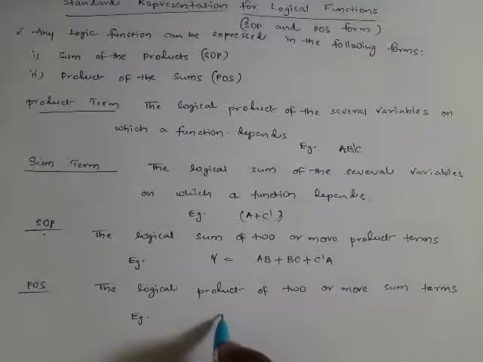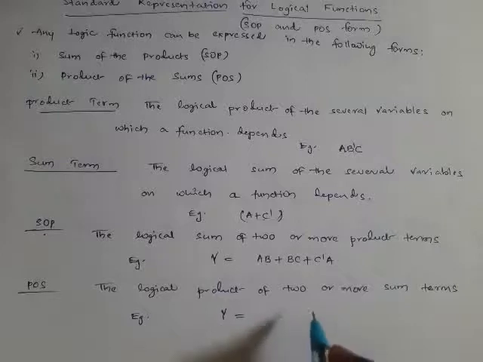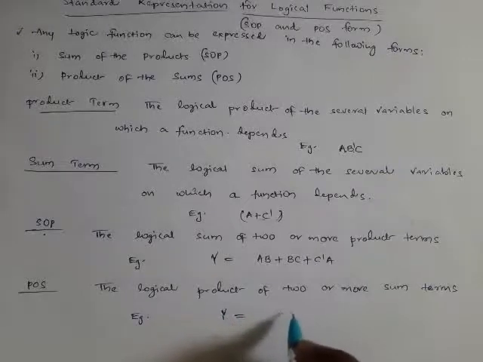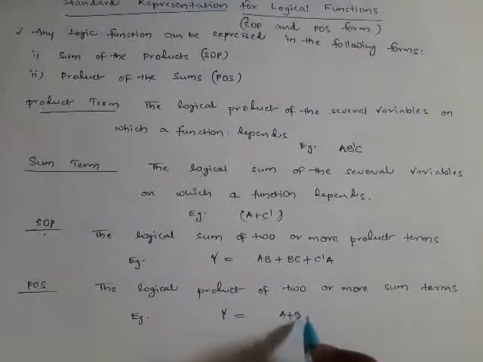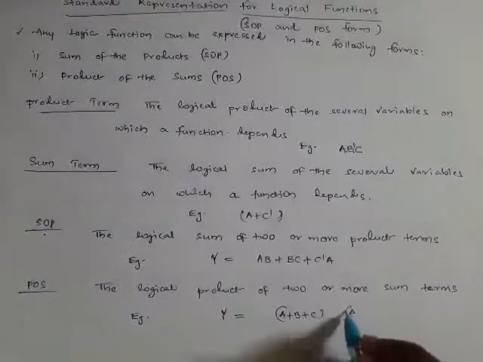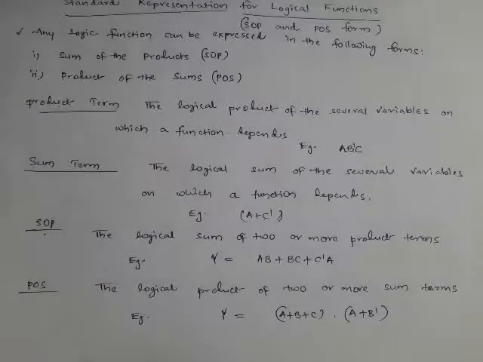For an example, function y, which depends on the three variables a, b, c, the product of sums expression can be a plus b plus c bar, dot, a plus b bar. Here you can see that this is one sum term which contains all three variables, and this is the second sum term which contains only two of the three variables on which the function depends.